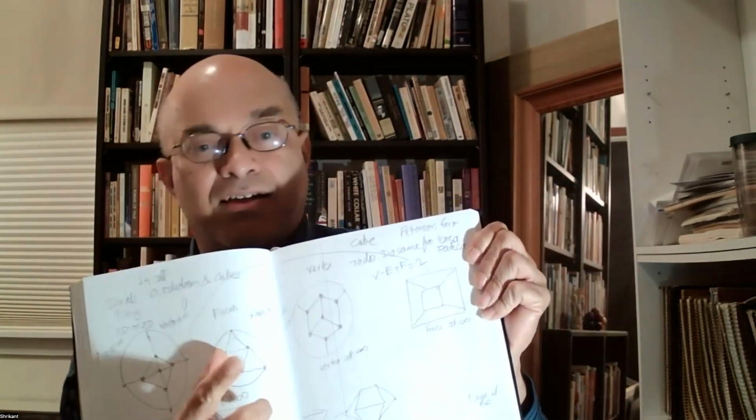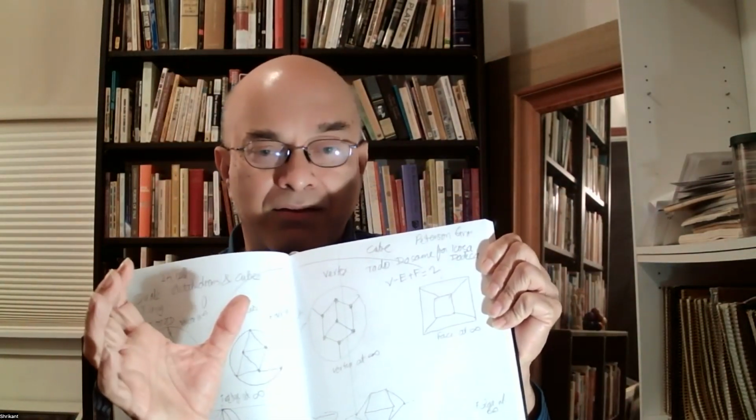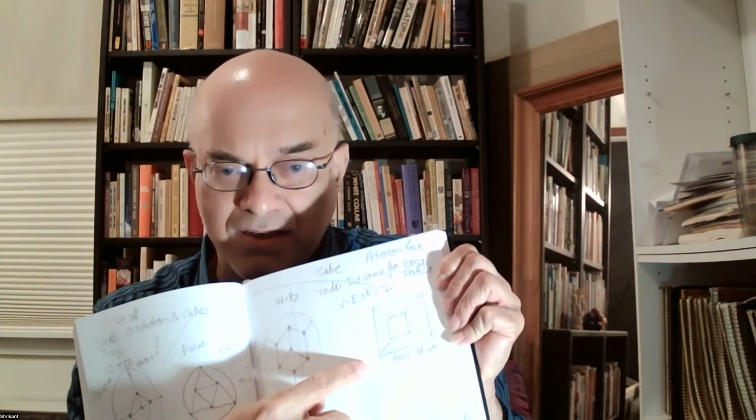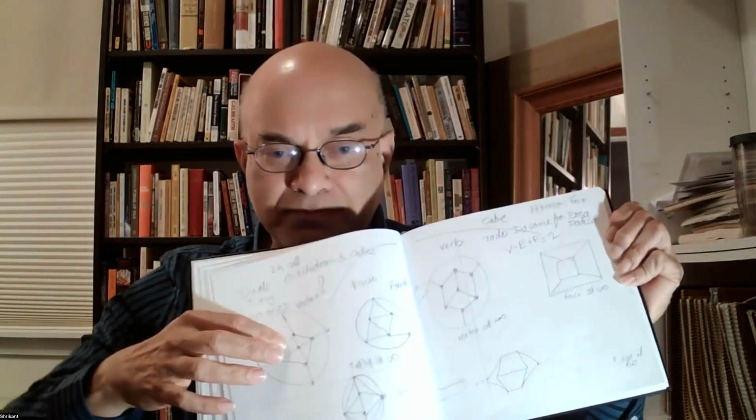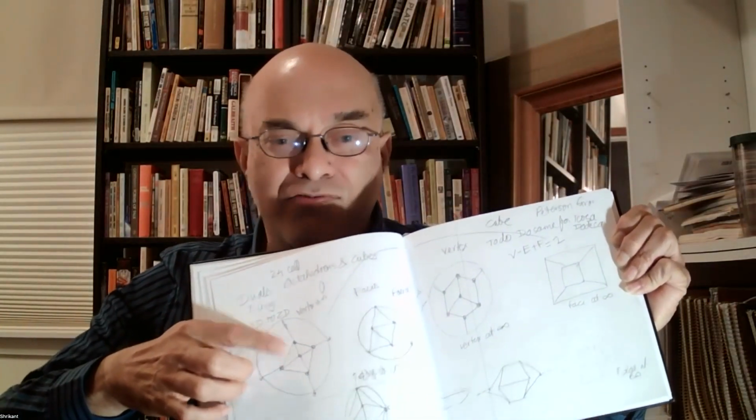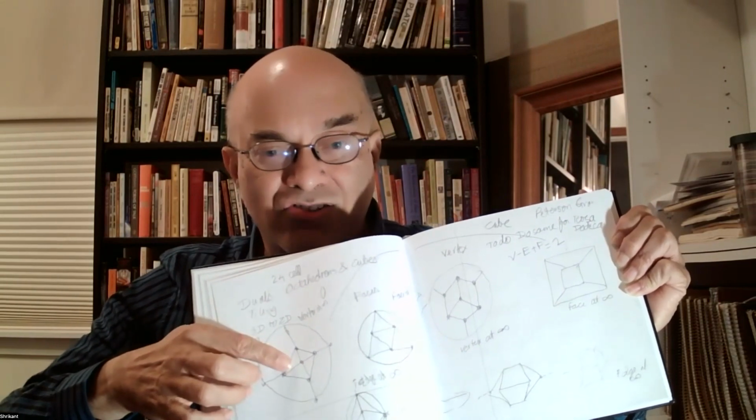Now, if you want to see the mapping, this is the most familiar way to look at the cube. And this corresponds to this one right here, the octahedron, which is focused on the vertex.